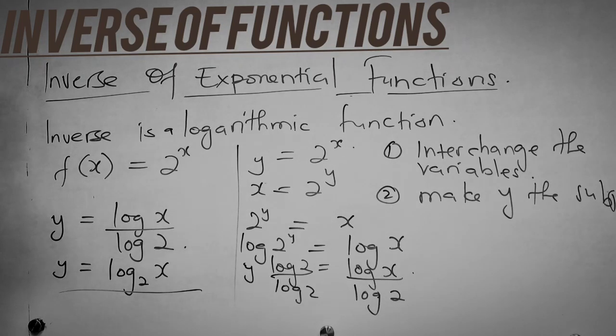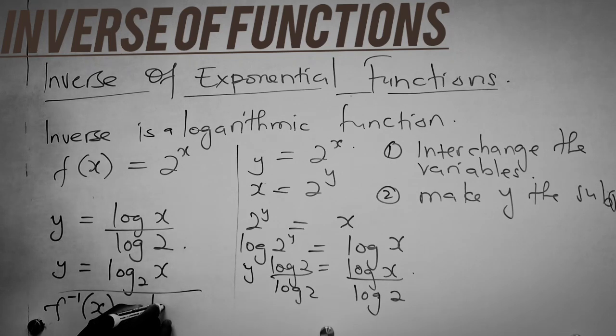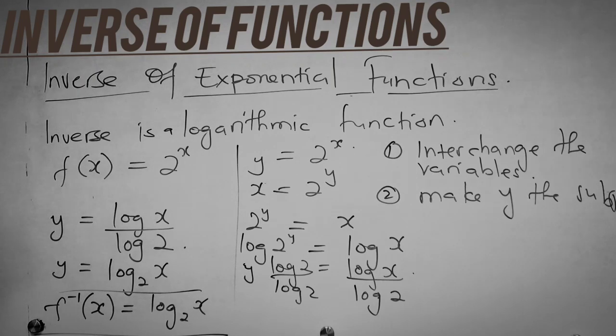Since we are given it in function form, the final answer is f inverse of x is equal to log x base 2. This is our final answer. If we find the inverse of a logarithmic function, we still get an exponential function.